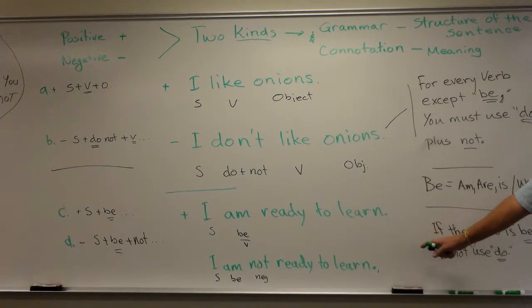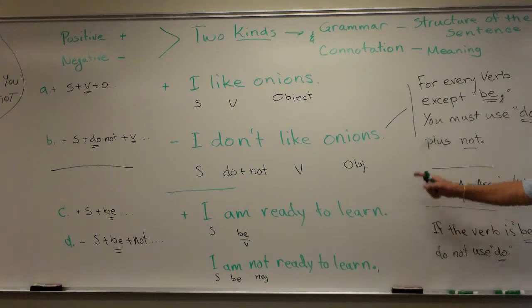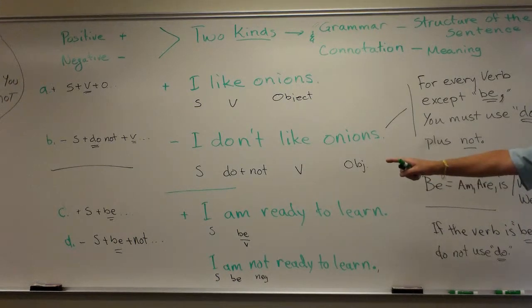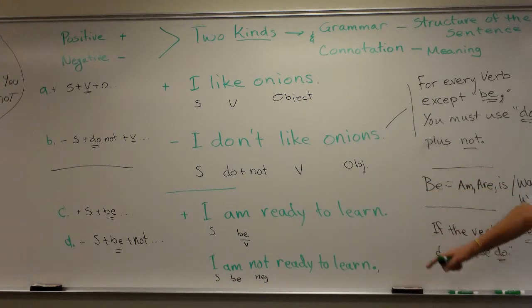Important thing to remember is when it's the negative, you're speaking, wiggle your head just a little bit. It's very important that the listener hear the negative. And if you're using a contraction, don't. Am not, okay? The listener may not hear that if you're speaking fast.